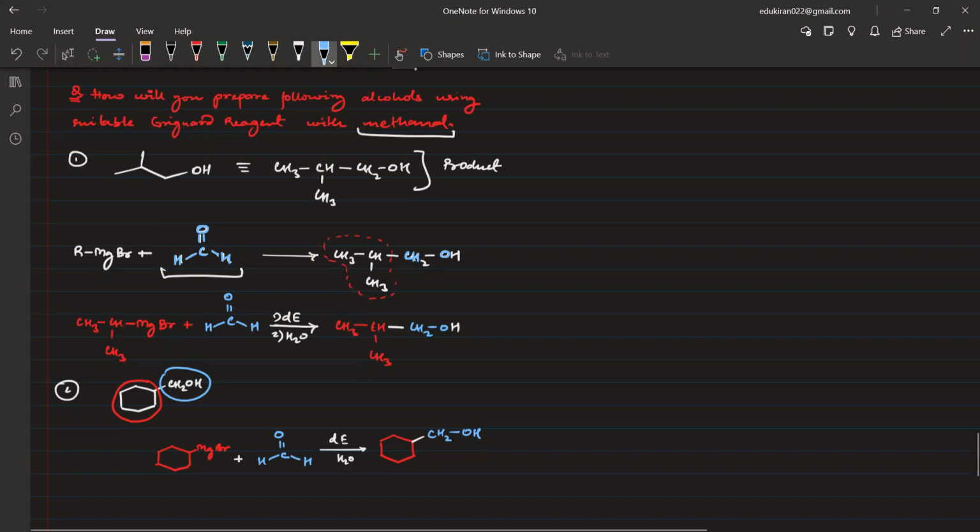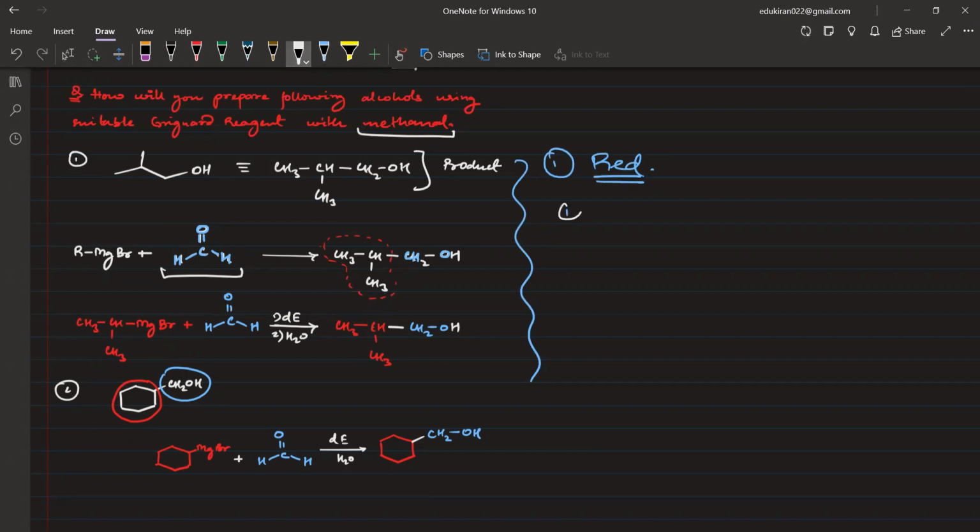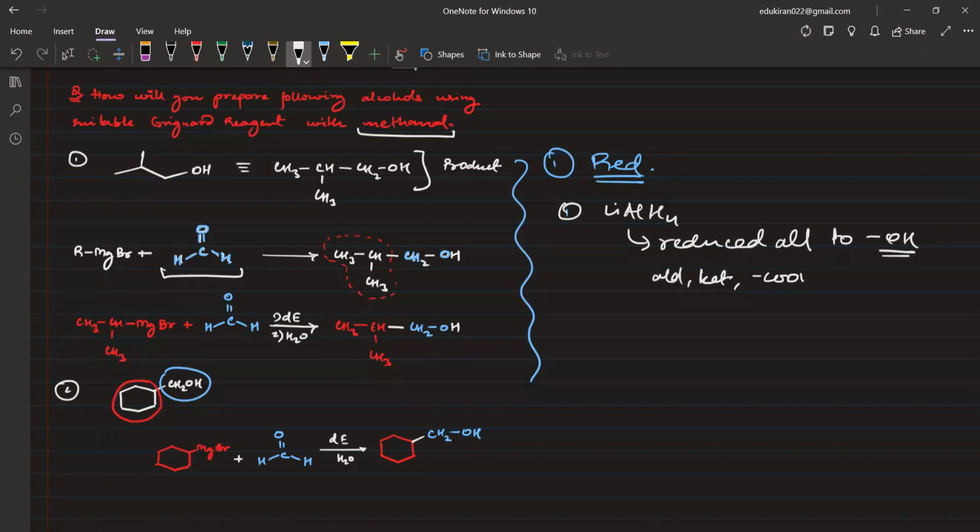Okay, so from here you will remember some important points. The first one is regarding reducing agents. There are two reducing agents that you have to remember. One is LiAlH4. It reduces everything to OH. Whether you have aldehyde, ketone, carboxylic acid or ester, all of these will be reduced to alcohols.